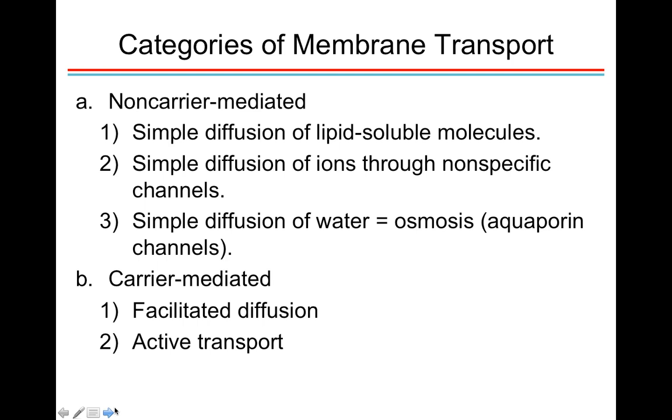It also can include the simple diffusion of ions through nonspecific ion channels that are open and existing in the membranes. Also, the simple diffusion of water, which we call osmosis, and this occurs through movement of water through aquaporin channels. And we'll also look at some examples of carrier-mediated transport. This includes facilitated diffusion and active transport.